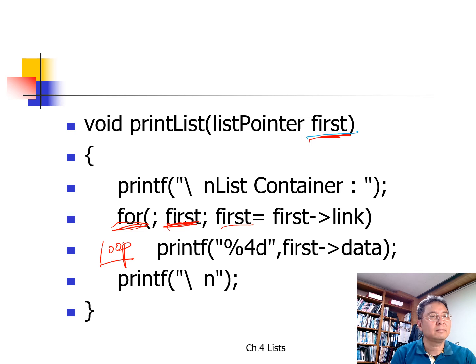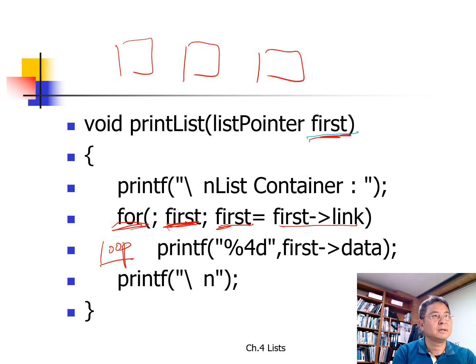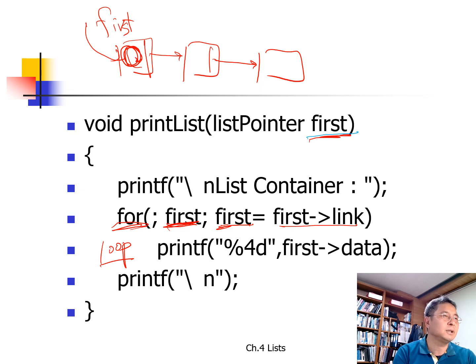Okay, and then first becomes first's link. So there is a link here, and this one, and this one. First one is here. I want to print all of the data here, then it will print the data at the first element, and then go to the next element, print this data, and then go to the next element, print this data, until this value is null.